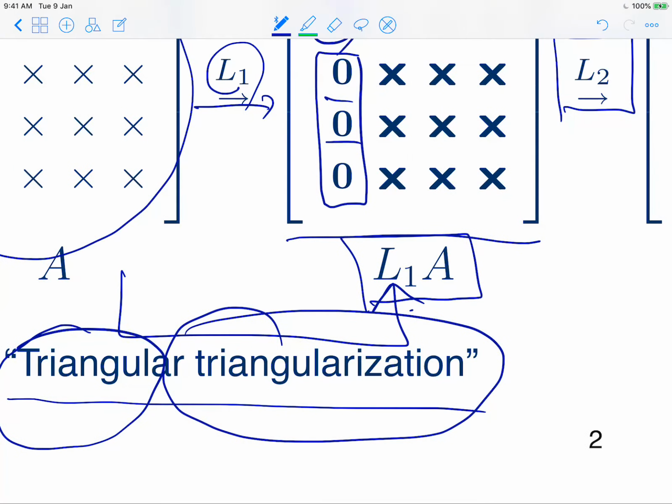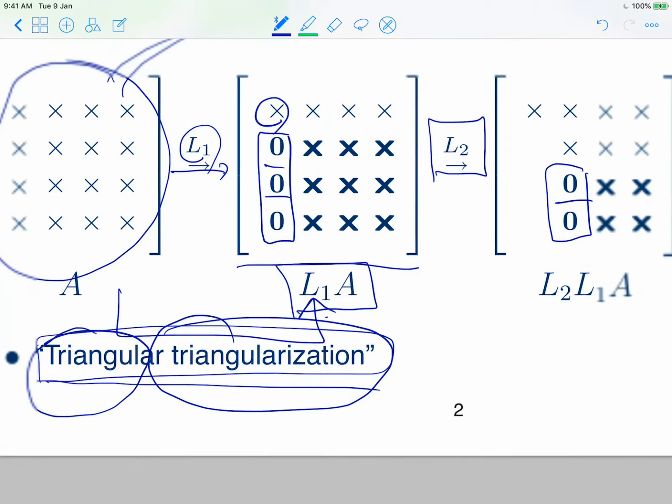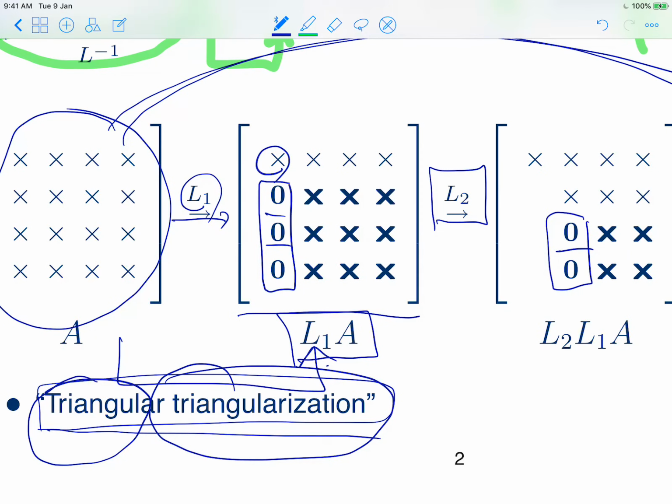If you remember this kind of notion, making some matrix into another form using some other matrices, we also considered the Gram-Schmidt orthogonalization process.